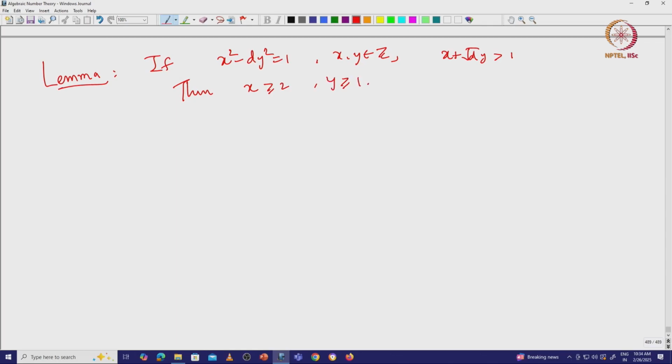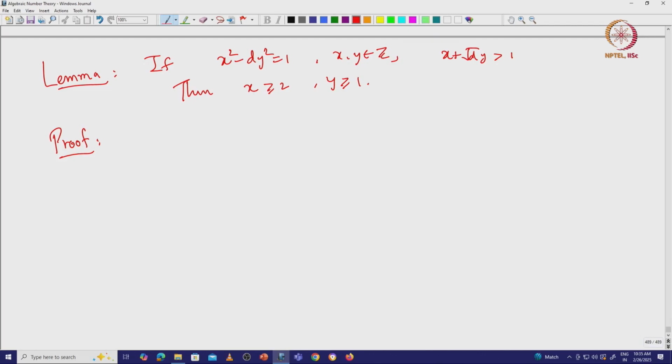This is kind of very easy to prove, but let me prove it anyway. And this is not a serious restriction that x plus y square root of d is bigger than 1, because if x, y is a solution, then so is plus minus x and plus minus y. So, in particular I can always assume that x and y are both positive, and hence this thing will hold.